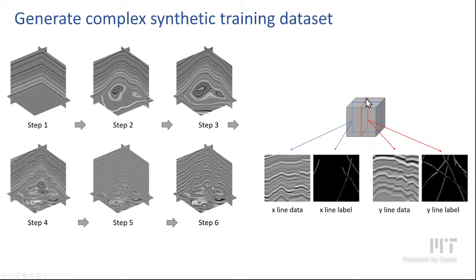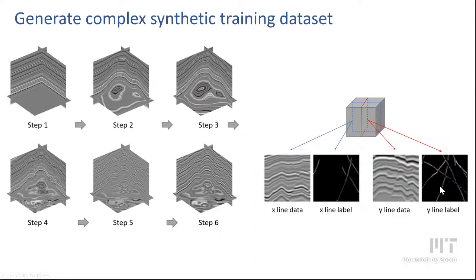So this gives an idea of the synthetic data generated from this 3D cube. We pull out inline and crossline. In the X direction, we have the training data 2D display and the corresponding label of faults. Also in the Y direction, we have the training data 2D display and the corresponding label. You'll see the fault planes here are more complex.